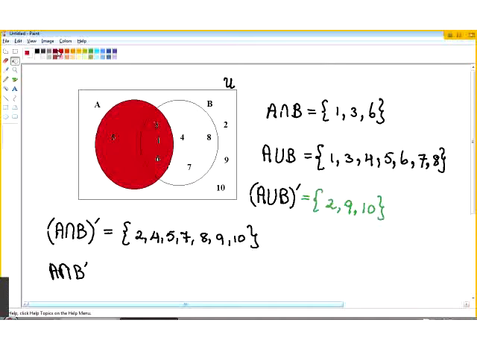So let me put different colors to clear it up. We have the red region and this orange region to represent A, right? The orange region and the yellow region represent B.